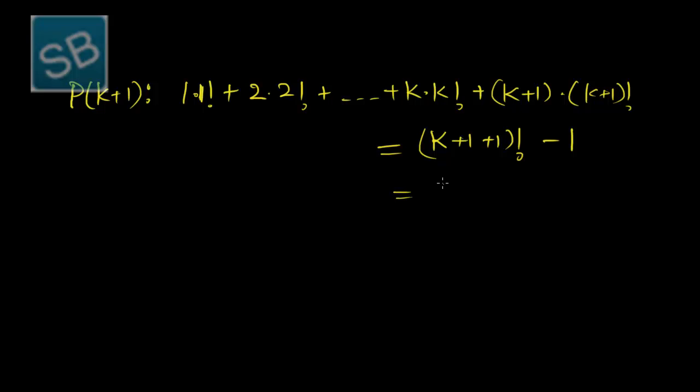That gives k plus 2 factorial minus 1. So we have to prove this result.